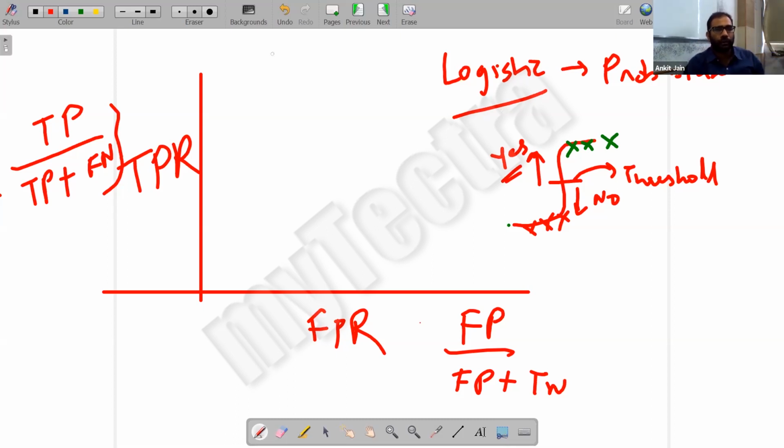Now suppose threshold is 1. What will be your TP upon TP plus FN? It will be 0. So this point will become here. What about false positive?